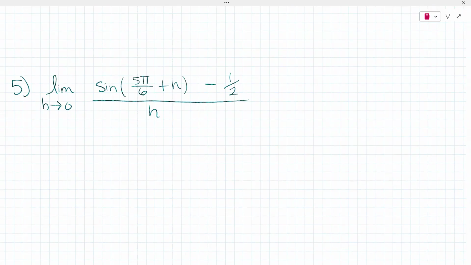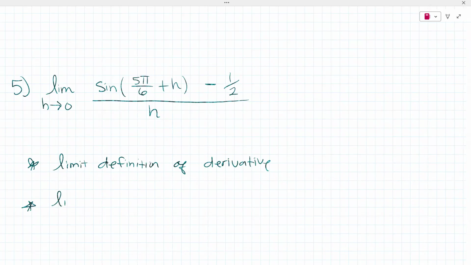So that's what I'm going to do. So the limit as h approaches 0. So this is the limit definition of the derivative.